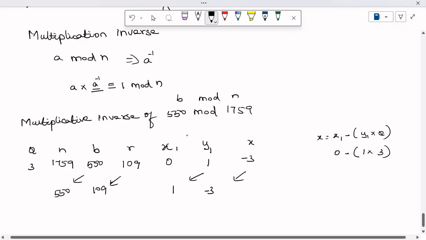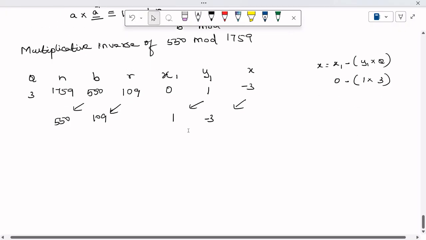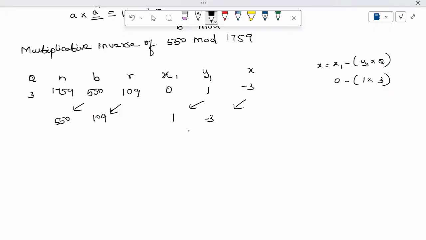Now what is 550 divided by 109? The quotient is 5 and the remainder is also 5. Now we can compute x. This is x1, that is 1, minus y1, which is minus 3, multiplied by q, that is 5.